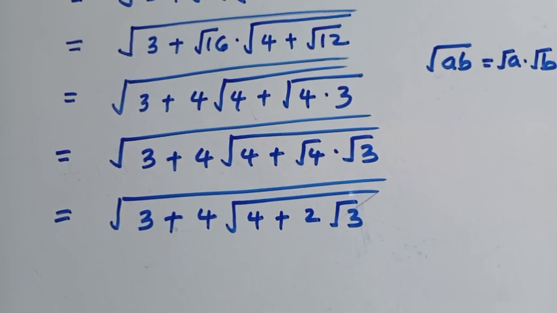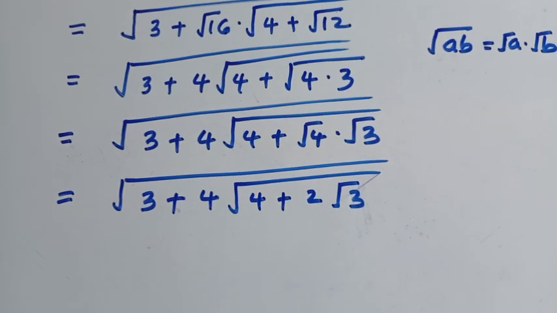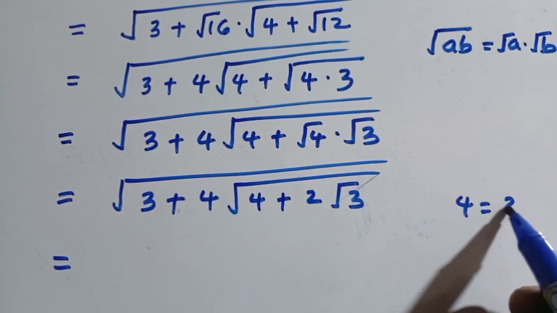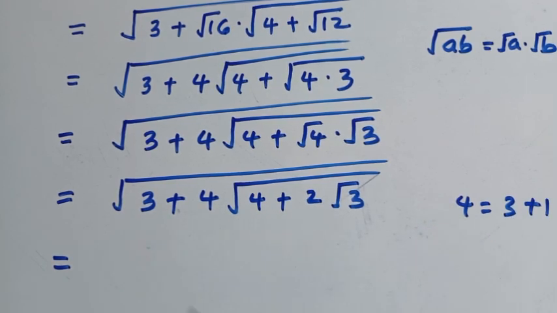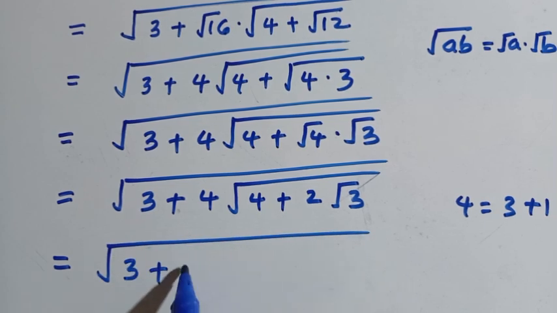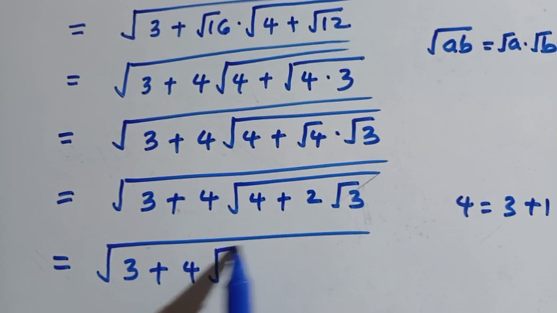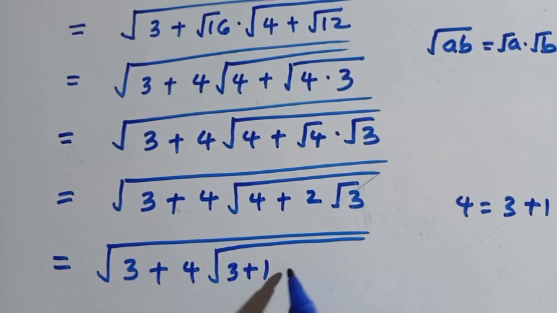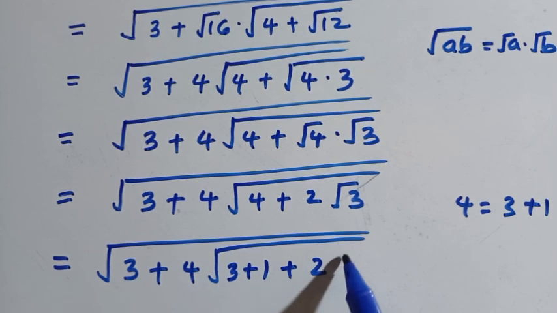And next, suppose I rewrite this 4 as 4 equals 3 plus 1. Then we have the square root of 3 plus 4 square root of 3 plus 1 plus 2 square root of 3.